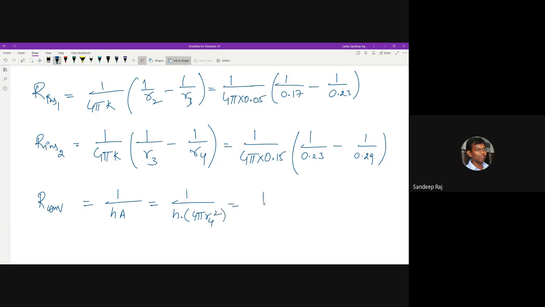So that is equal to 1 by, the h value given in the question is 35, into 4 pi, and R4 is 0.29 square. So calculate all these values and tell me.